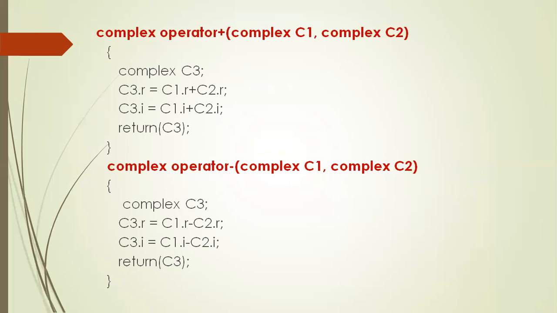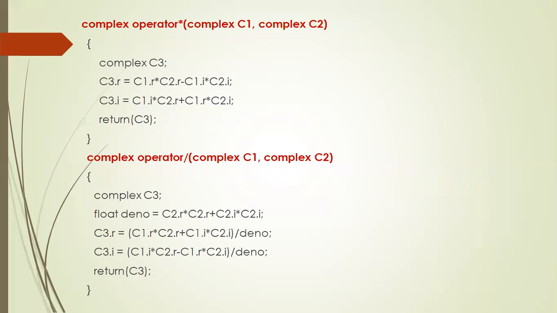So addition and subtraction of two complex numbers is very, very simple. For multiplication, the formula is different. The return type is complex. The operator you are overloading is star, operator star, complex C1 comma complex C2. Then the return object is C3. So inside the operator function, you declare another object called C3. Then C3 dot R, that is the real part of C3, equals the real part of C1, that is C1 dot R, into the real part of the second complex number, C2 dot R, minus C1 dot I, the imaginary part of C1, into the imaginary part of C2.